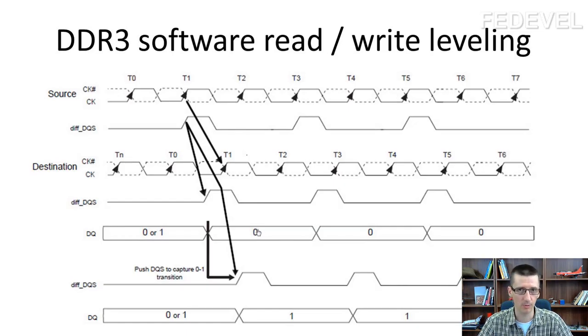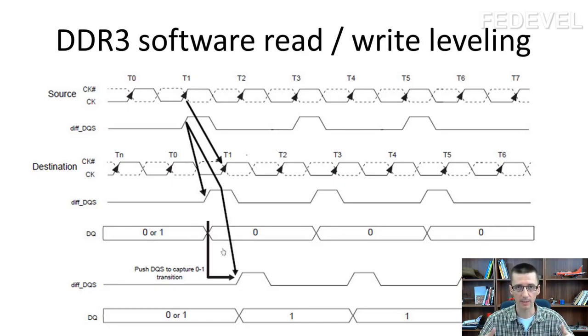Now everything you need to do is put a little bit of delay on these lines. You move this DQS a little bit later, and then you read the value of the clock. Again, in the software, you put this delay a little bit longer. DQS will arrive a little bit later. It reads the clock value and it will appear on the data lines.